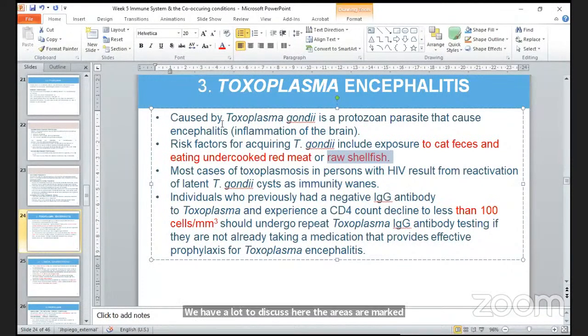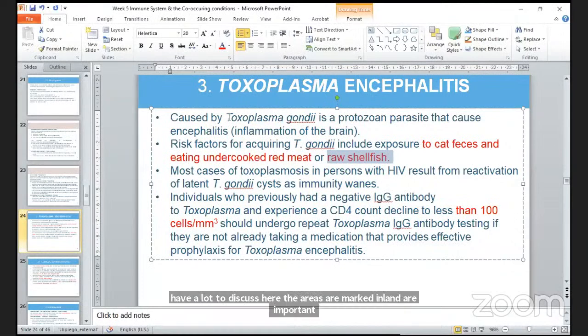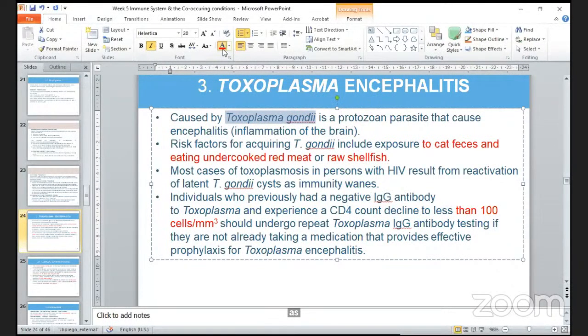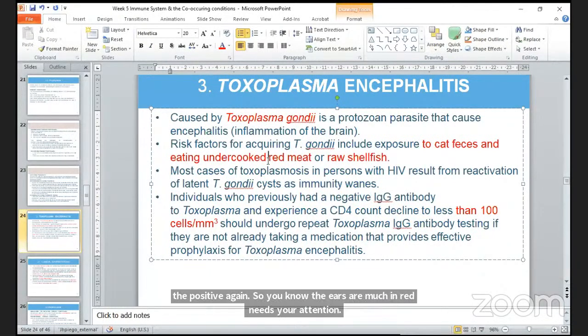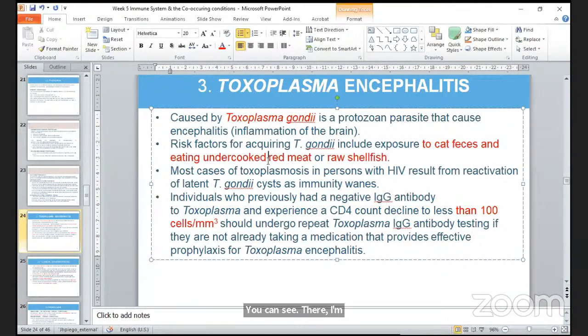Let me also mark Toxoplasma gondii as the causative agent, so you know. Exposure to cat feces, eating undercooked red meat, and eating raw shellfish are likely factors that can enhance contracting this disease.